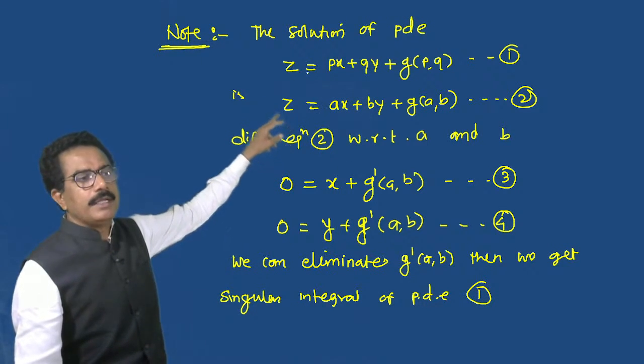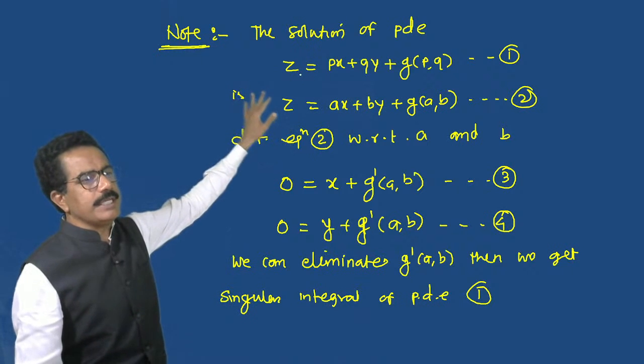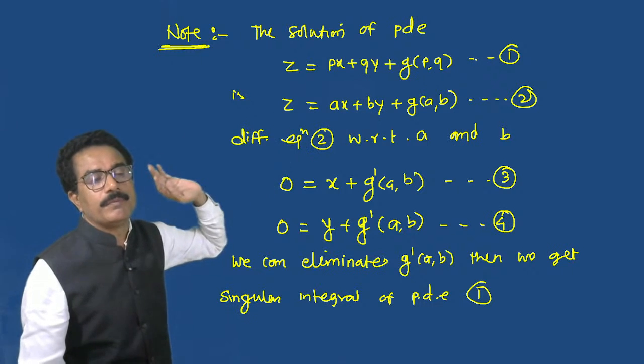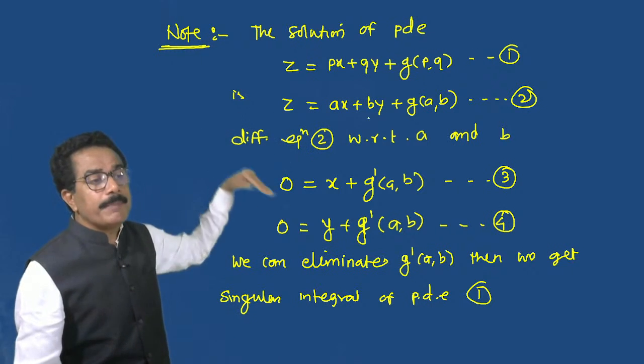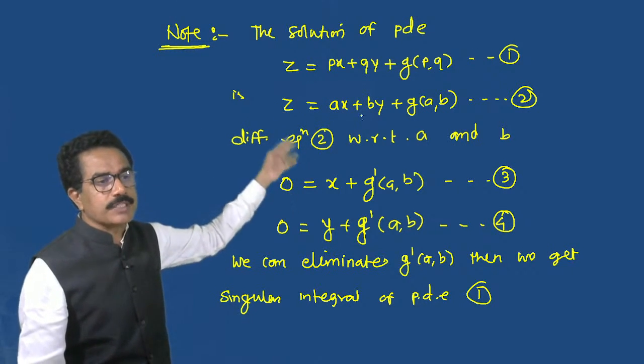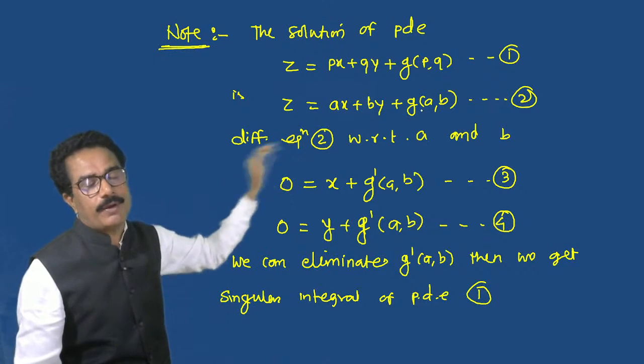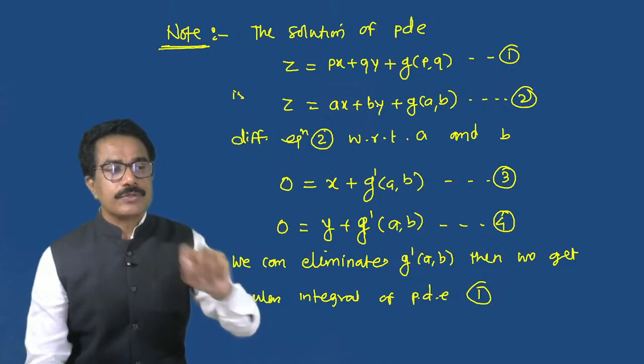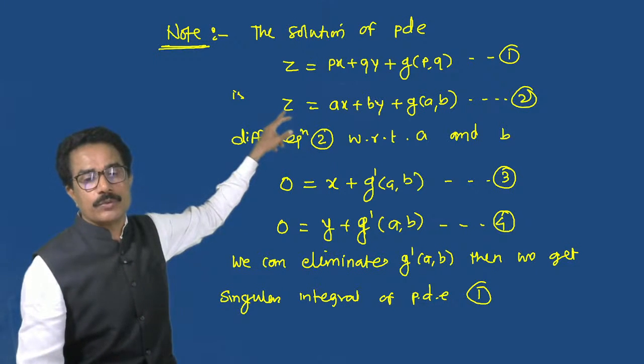Actually, the partial differential equation is z = px + qy + g(p, q). Then its complete integral is z = ax + by + g(a, b), but here a and b are arbitrary constants. So we can write this as a general solution.